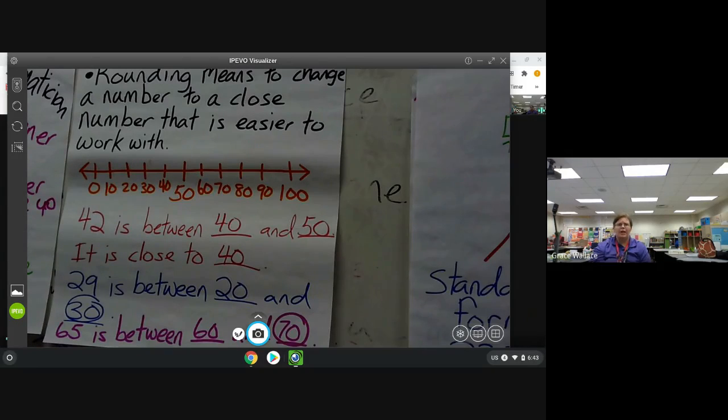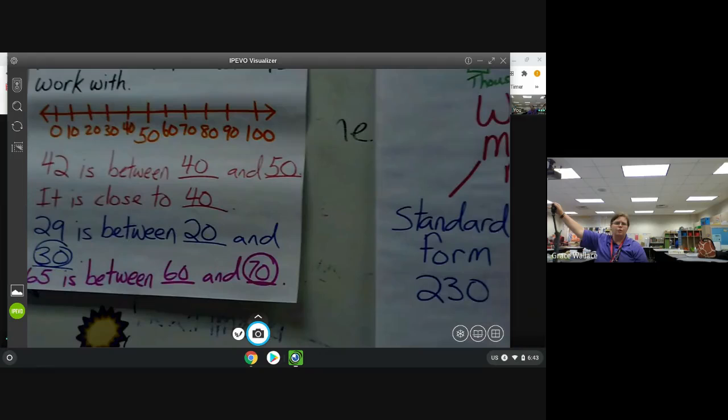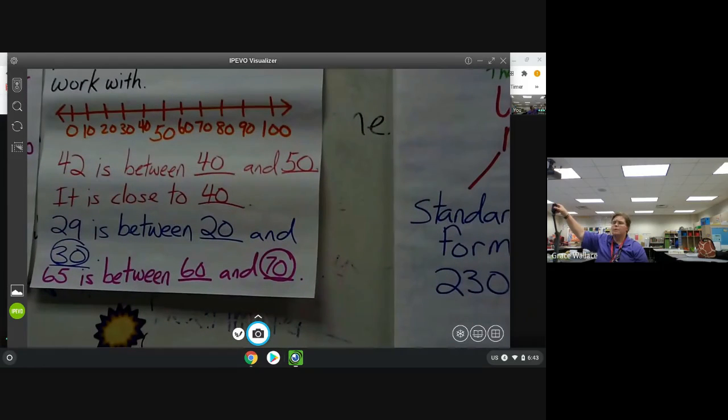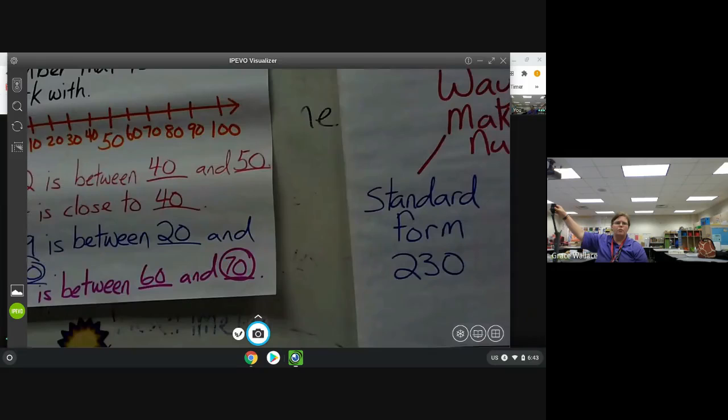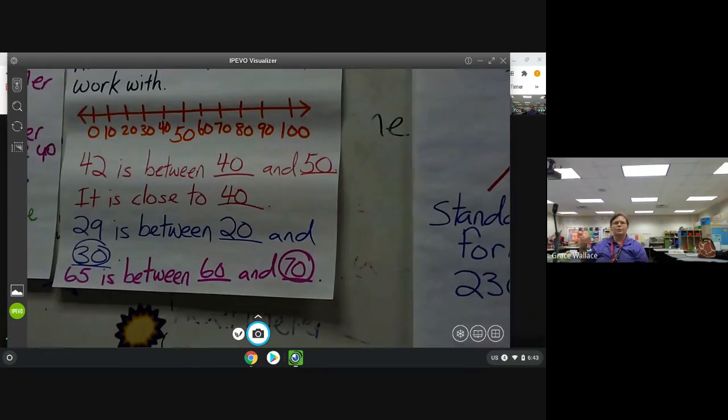The next one, 29. 29 is between those benchmarks. Once again, those benchmarks. I want to know what two numbers does 29 fall between. So if I was going to plot the number 29, I want to know what two benchmarks does that come between.